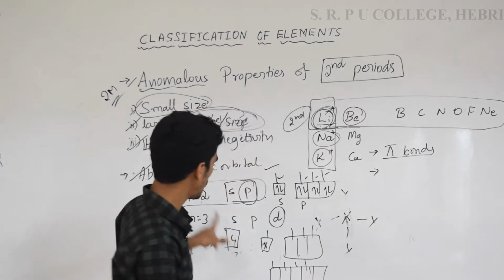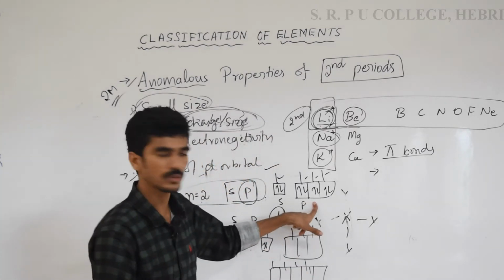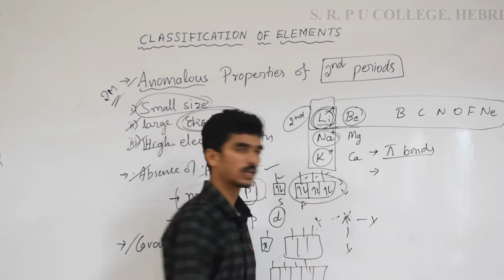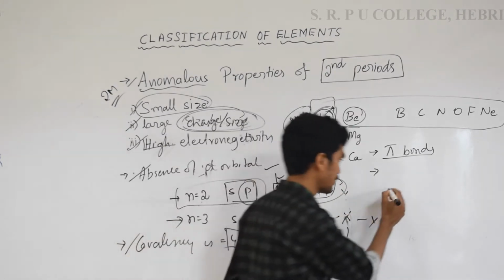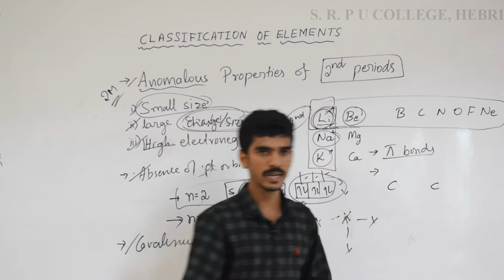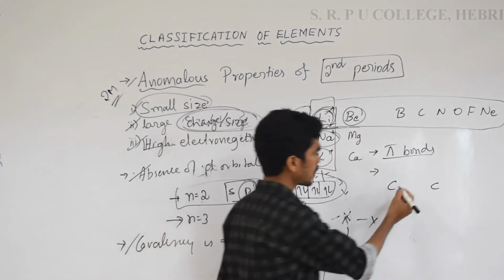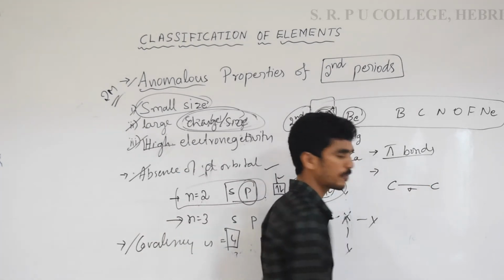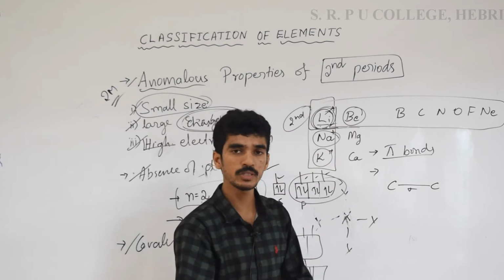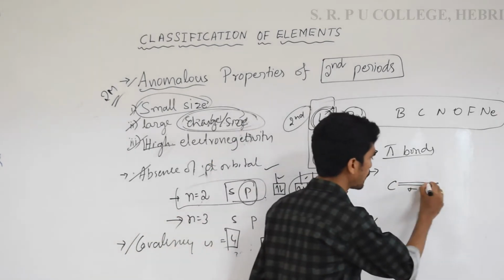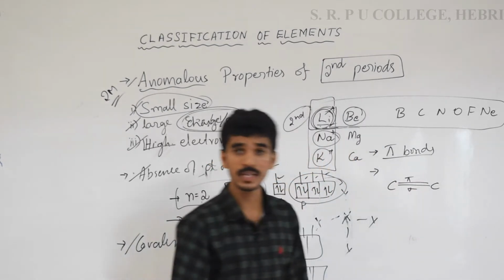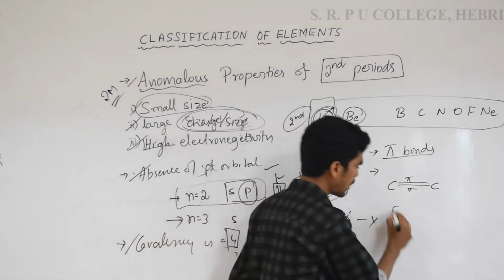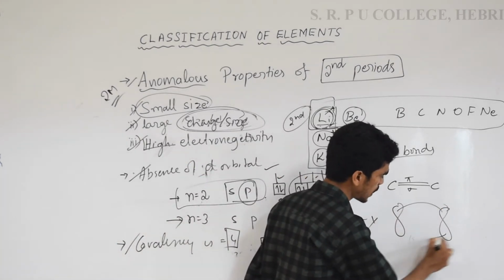For example, if two carbon atoms are present, these two carbon atoms undergo sigma bond formation first. Always sigma bond first, then it goes for the pi bond. The pi bonds undergo sideways overlapping.